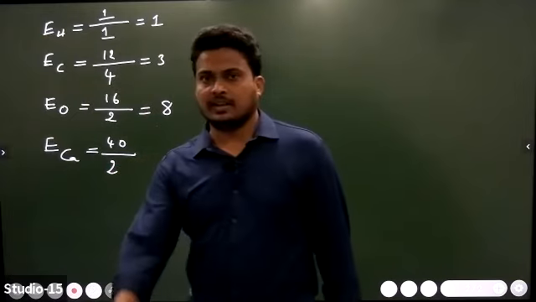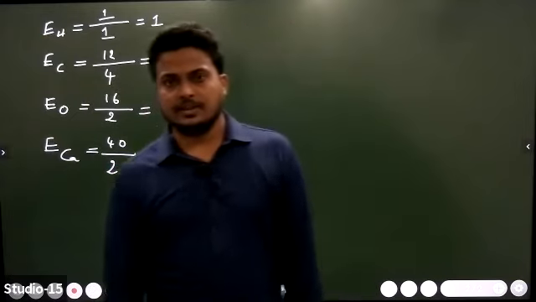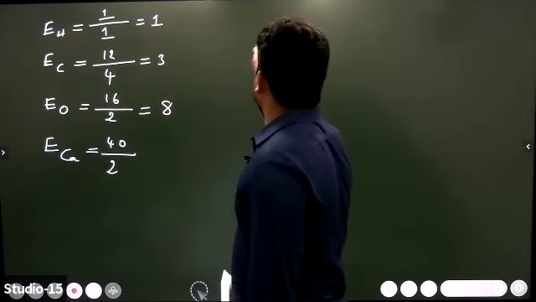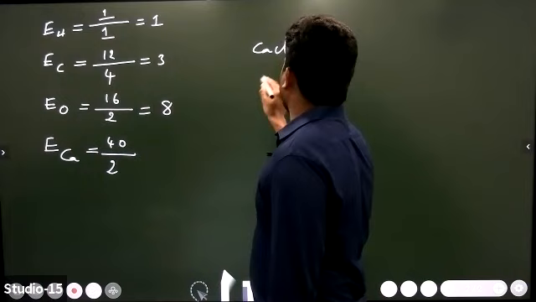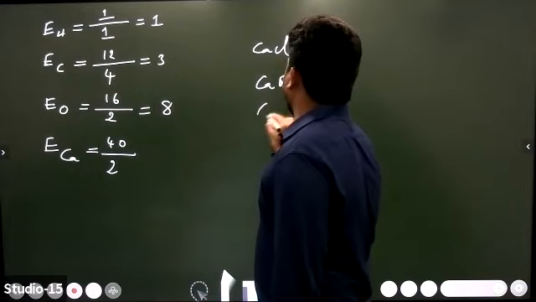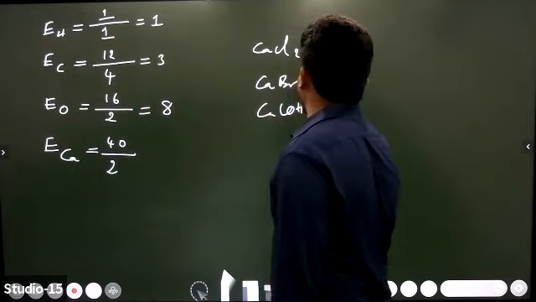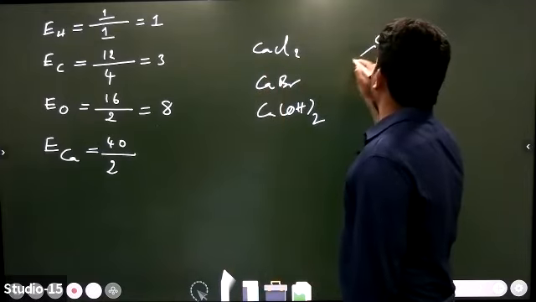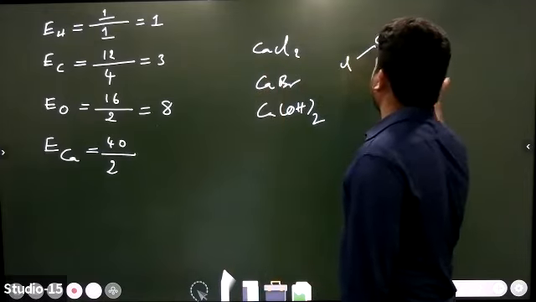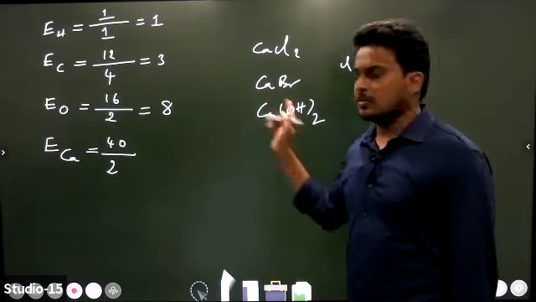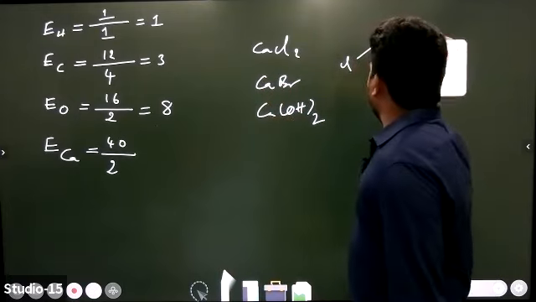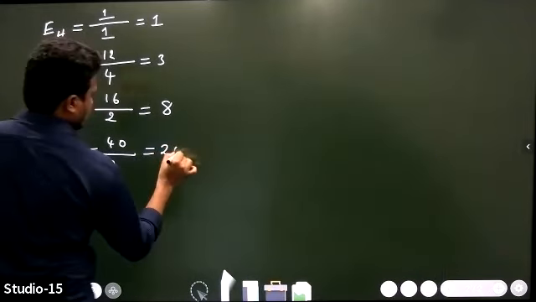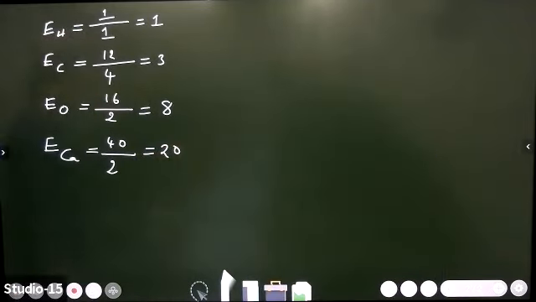For example, take any calcium compound, CaCl2, CaBr2, calcium hydroxide, Ca(OH)2. In all these cases, calcium is surrounded by only two atoms, either chlorine or bromine or OH groups, right? So that is equal to 20.